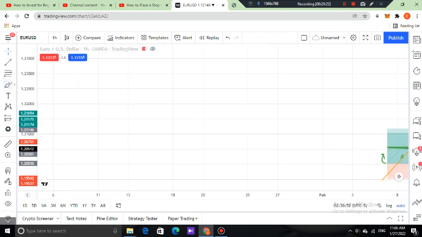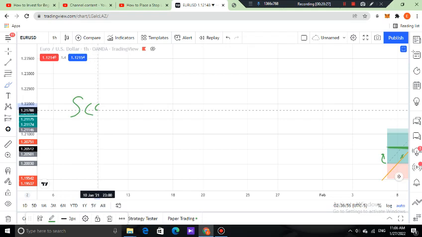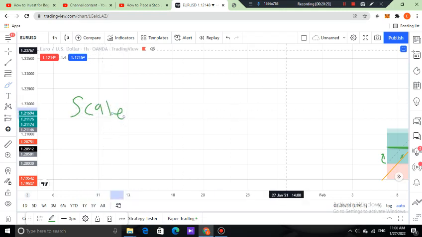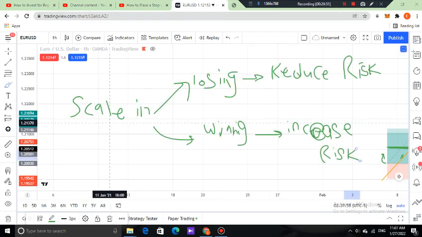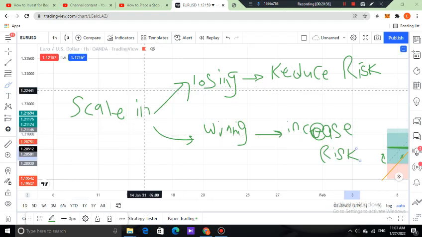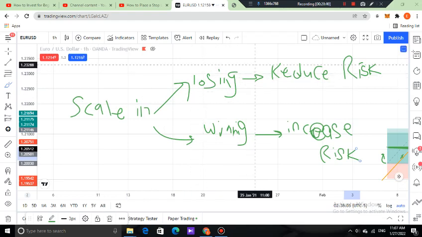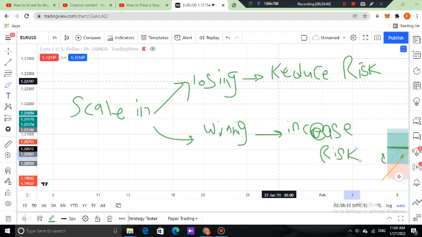I want to write it down. Scaling in. Check this out. When you scale in, there are two scenarios: either it's a losing position or a winning position. If you scale in and add to your losing position, you will reduce the risk.